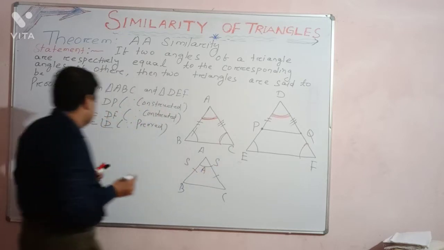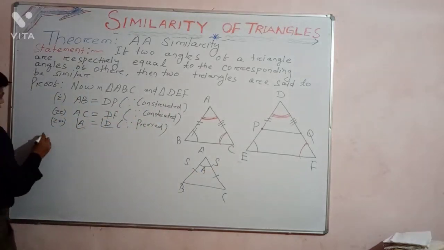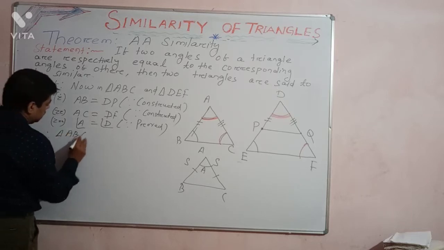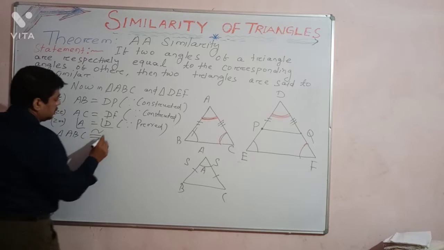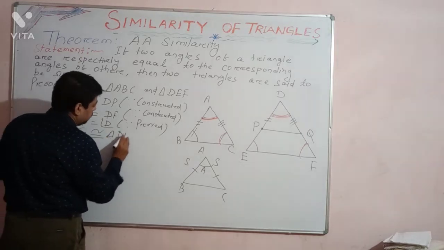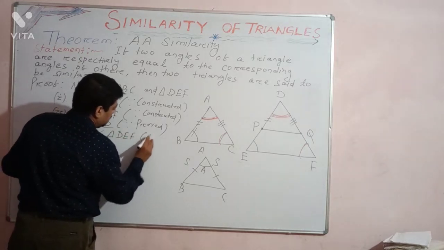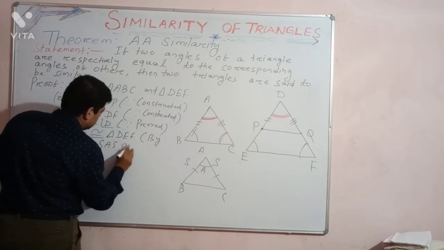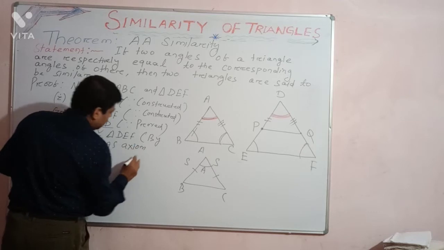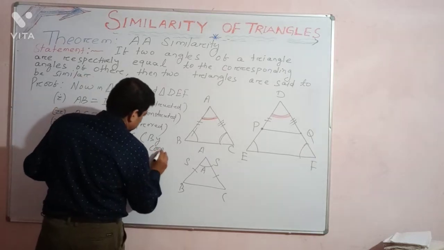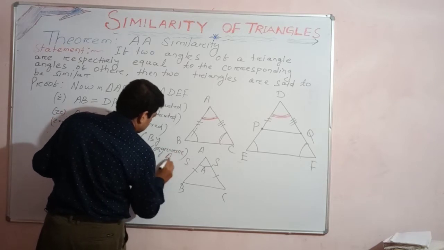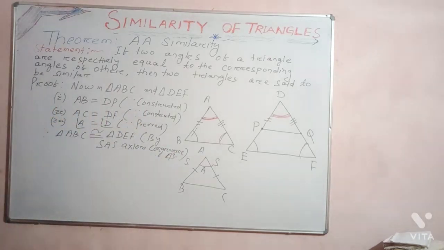So according to the side angle side axiom of congruence of triangles, triangle ABC is congruent to triangle DPQ by the side angle side axiom of congruency of triangles. Is it clear?